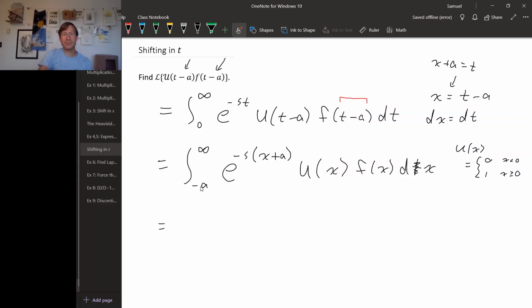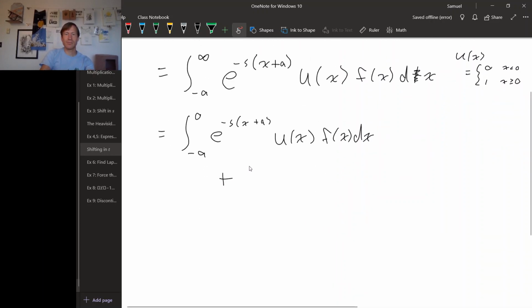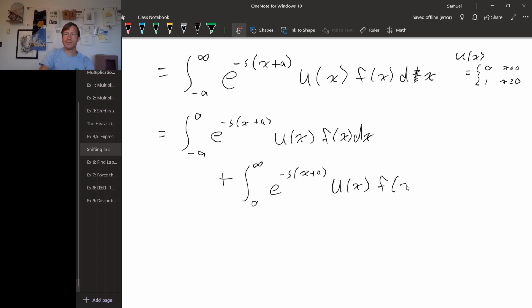So we need to break this integral up at x equals 0. We'll go from minus a to 0 of e to the minus s times x plus a times u of x, f of x dx, plus the rest of the integral, from 0 up to infinity of e to the minus s times x plus a, u of x times f of x dx.